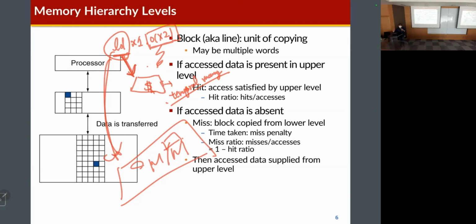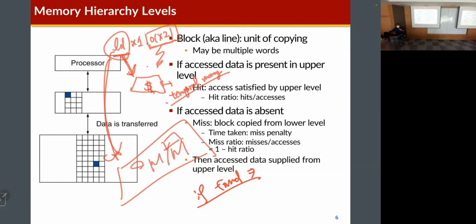There are two cases. If data is found inside the cache, then the processor can read data from the cache because it's the same data. The processor thinks, oh, this data will be frequently used in the future, so this data is stored in the cache.